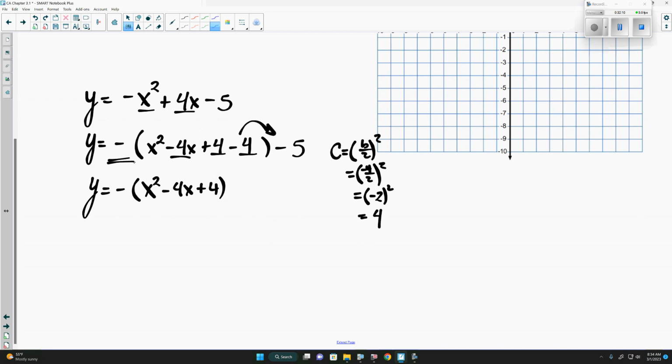So negative 1 times negative 4 is going to be plus 4 minus 5. Well, negative 4 plus 5 is negative 1. Inside the parentheses, we're going to have x, and then whatever was inside the parentheses here before we squared it, negative 2.